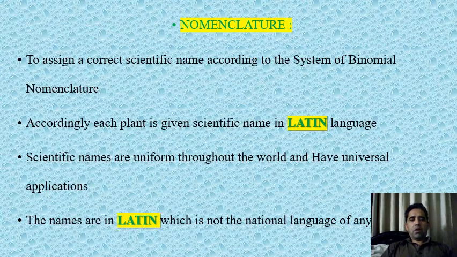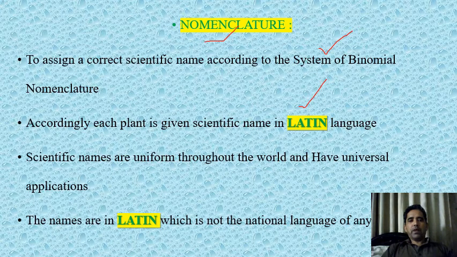Now we come to the three aspects of taxonomy, which are nomenclature, identification, and of course classification. Nomenclature is defined as assigning a correct scientific name according to binomial nomenclature, that is, assigning two names to each plant or animal. According to this method, each plant is given a scientific name. Remember, these names are in Latin.